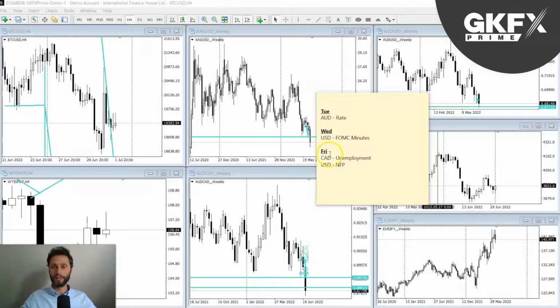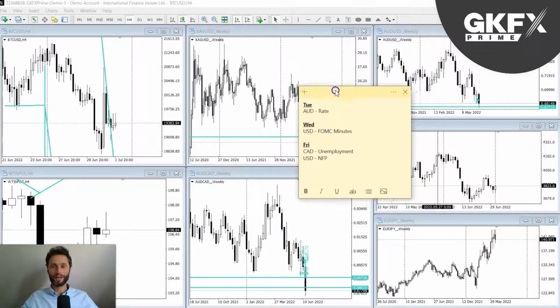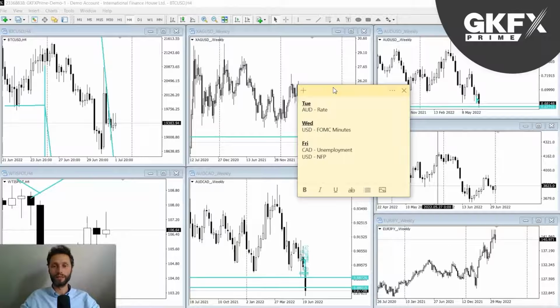Hope you had an interesting, fruitful trading week last week, and as ever managed your risk, of course, not forgetting. So I'm going to just briefly take a moment to mention the calendar and the news that we've got this week. We do need to pay attention to Aussie currencies, Aussie pairs, because on Tuesday we have a rate statement.